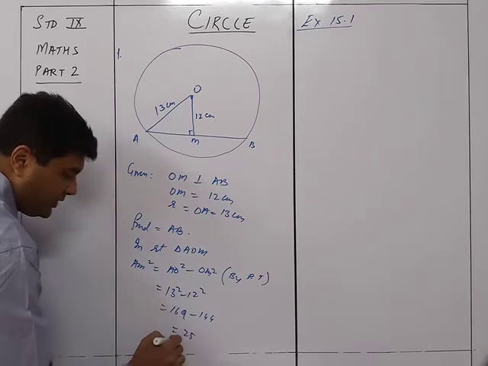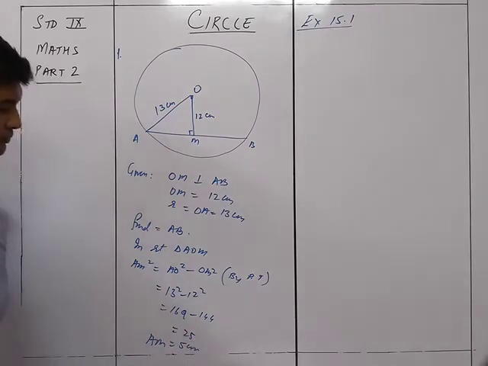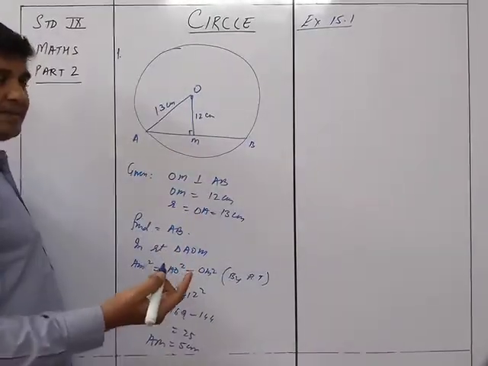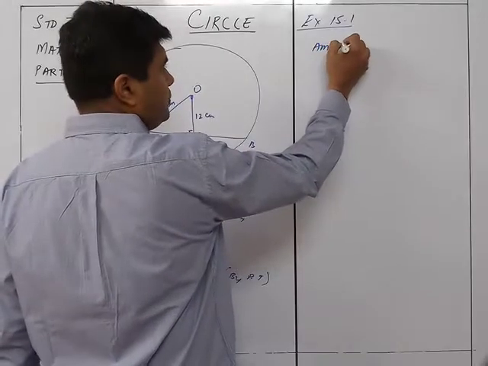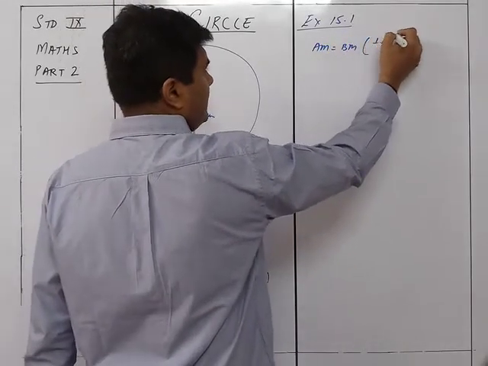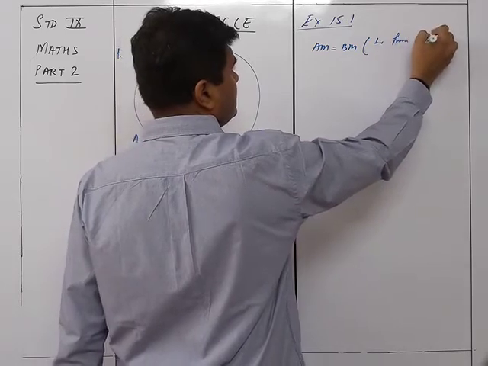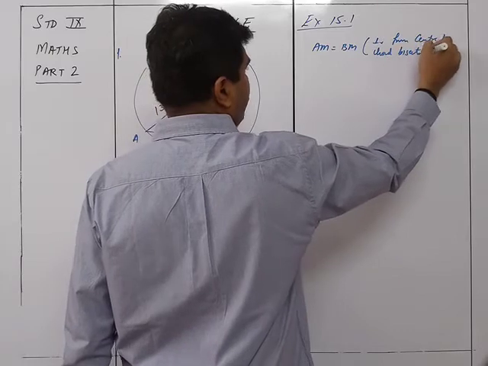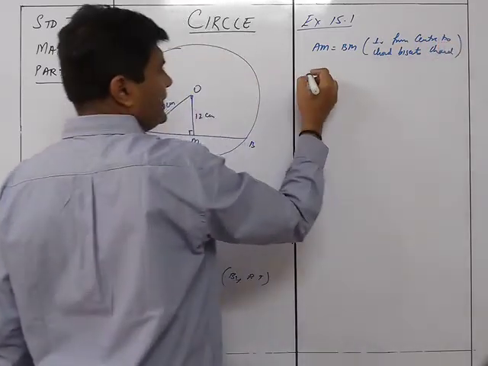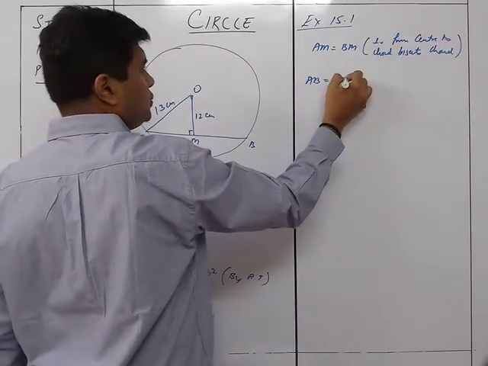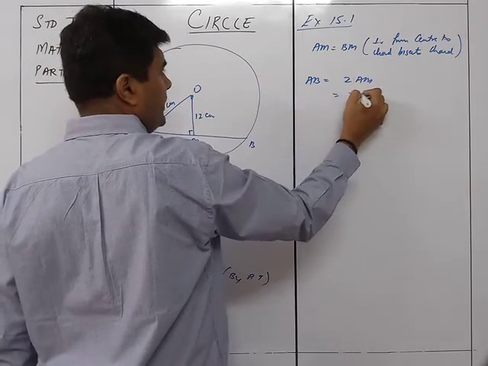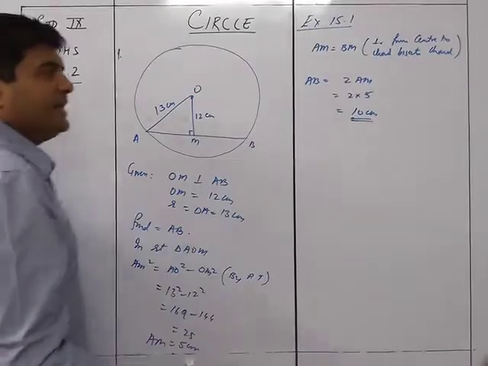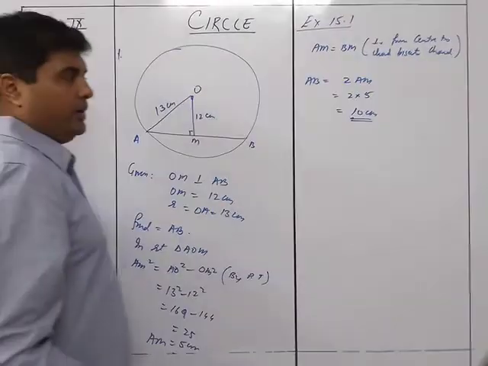Therefore AM is equal to 5 centimeters. Now we know that the perpendicular from the center to the chord bisects the chord. So AM is equal to BM. Accordingly, AB is equal to 2AM, which is 2 into 5, equal to 10 centimeters. So AB will be 10 centimeters.